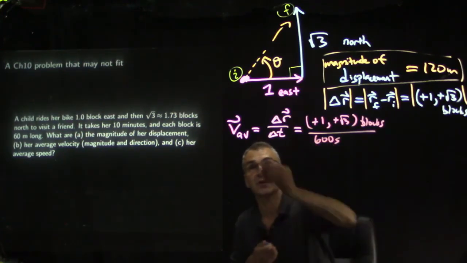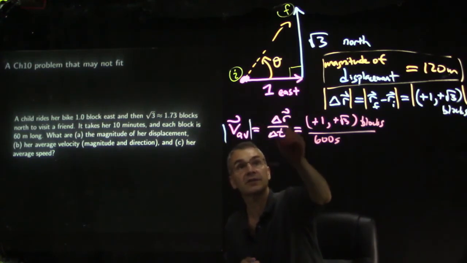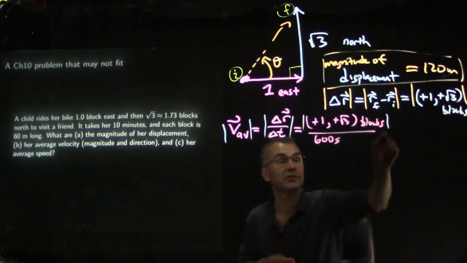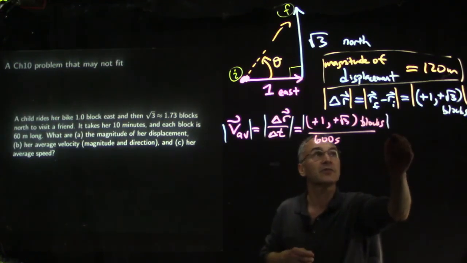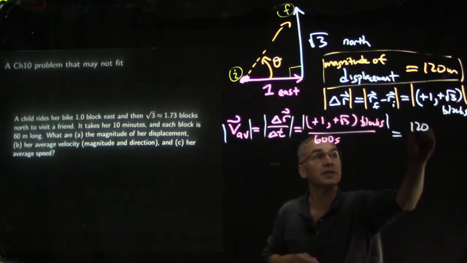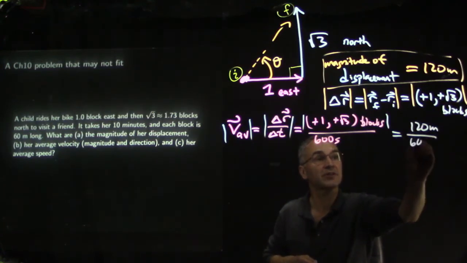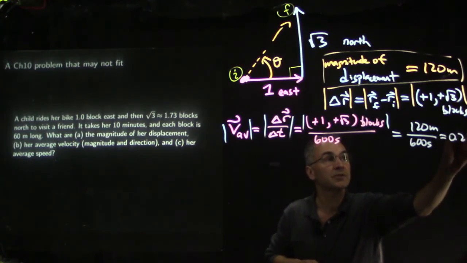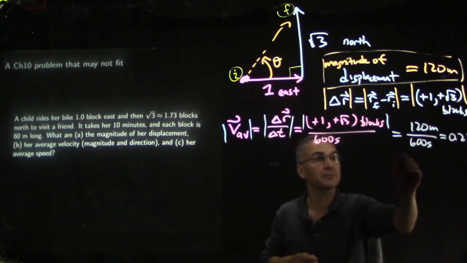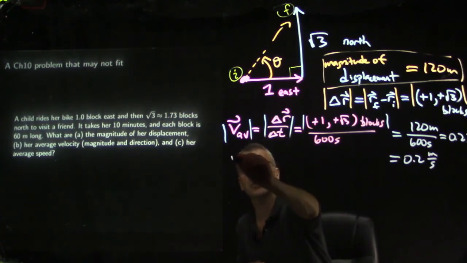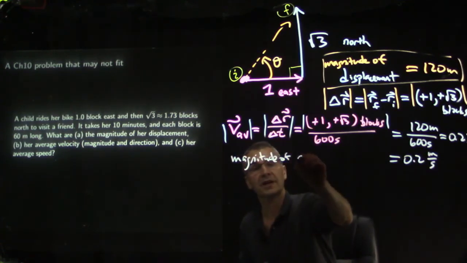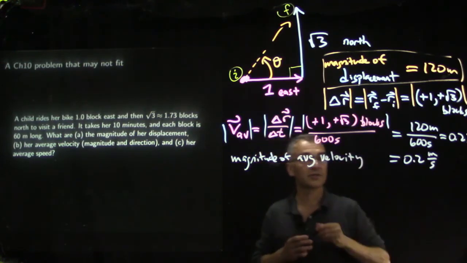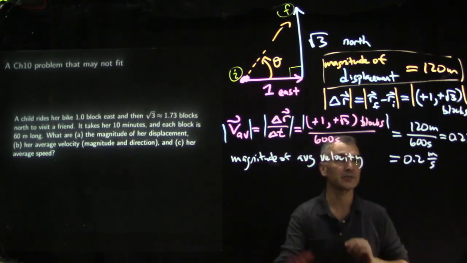Well, the magnitude of her average velocity is the magnitude of this stuff, and we already worked out the magnitude of this numerator. So this is 120 meters divided by 600 seconds, which is 0.2 meters per second. So the magnitude of her average velocity is 0.2 meters per second.